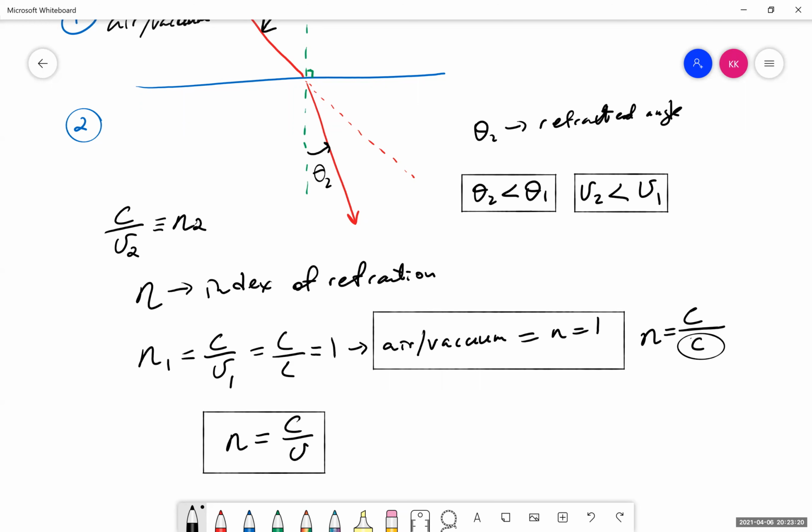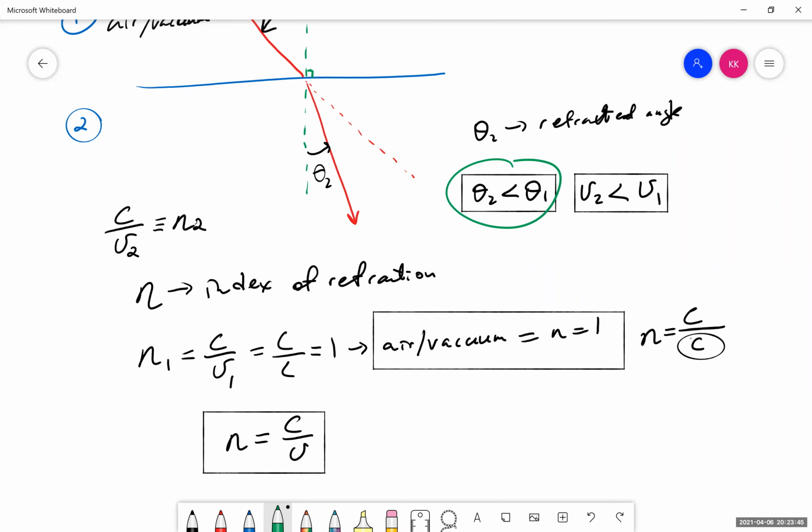So there's another way we can find the index of refraction, and that will be from the second condition, which is looking at how the light changes direction. Changing direction is much more noticeable, much more visible to us, and we can easily measure that angle using a protractor, for example.